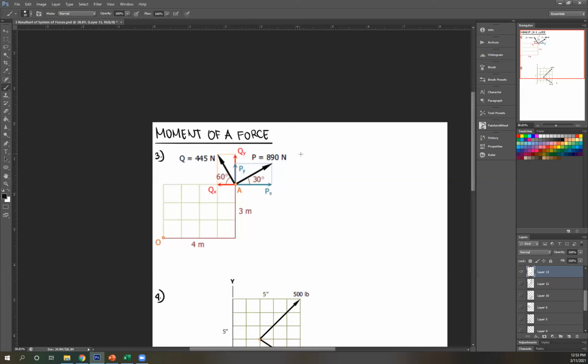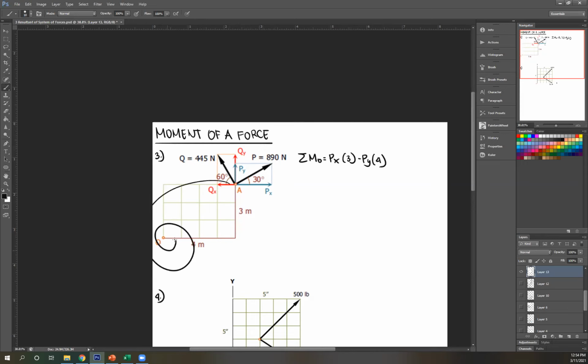Okay, so let's solve summation of moment about O. Let's start with P. So Px rotated about O, that's clockwise. So Px times distance, this is 3. Next, Py rotated about O, that's counterclockwise. So negative Py times perpendicular distance, that is 1, 2, 3, 4.